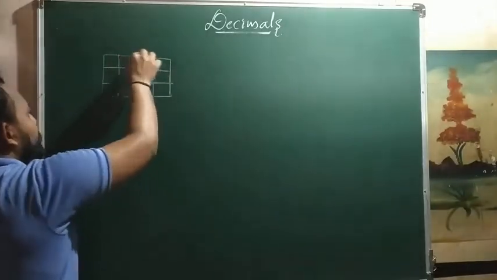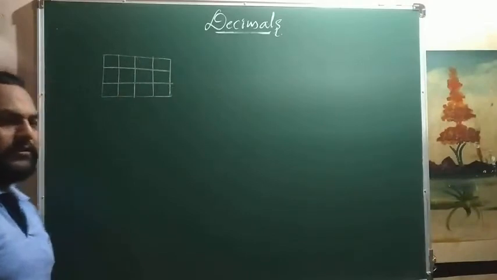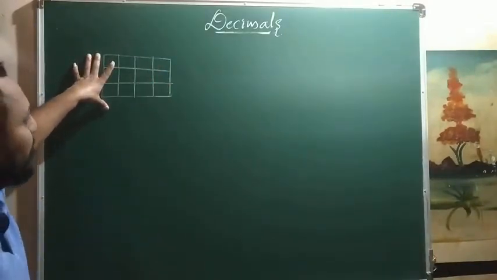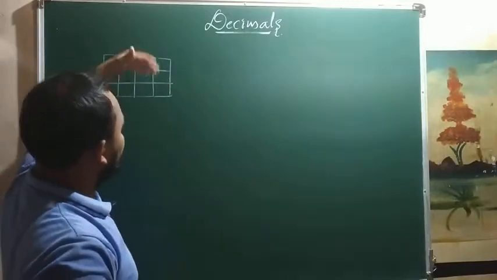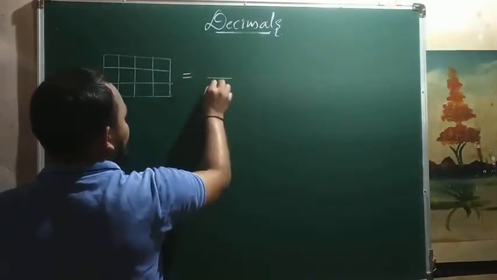The number of equal parts, then this is a rectangle. The number of equal parts: 1, 2, 3, 4. So 4 into 3 is 12. The number of equal parts is 12.